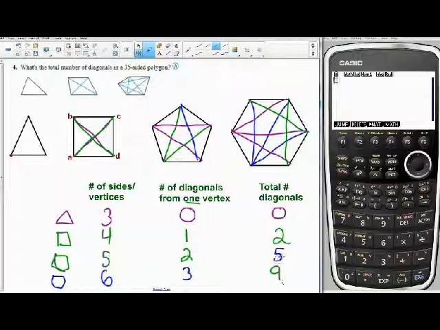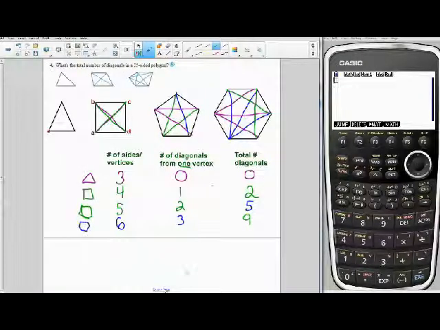Okay, now let me scroll down. What I have here is a setup. We're going to have to look for a pattern, see a little bit of our inductive pattern. Now, number of sides, vertices, and number of diagonals, if I were to actually come up with multiplying for this, I would get an equation like this. Not a problem.